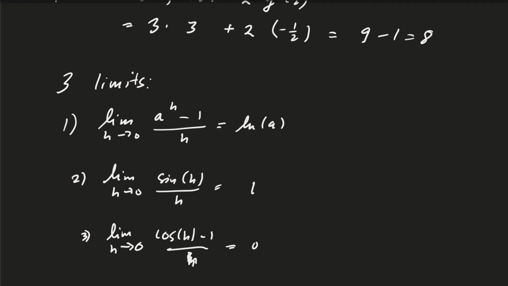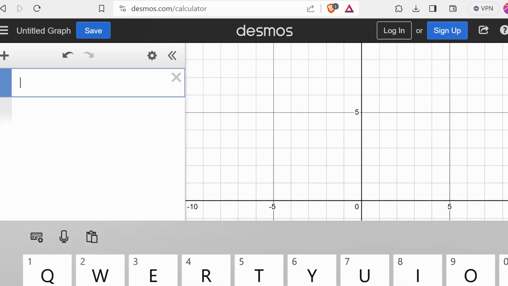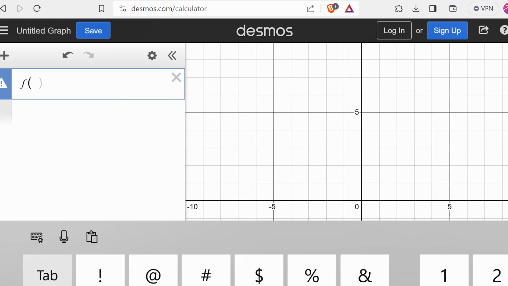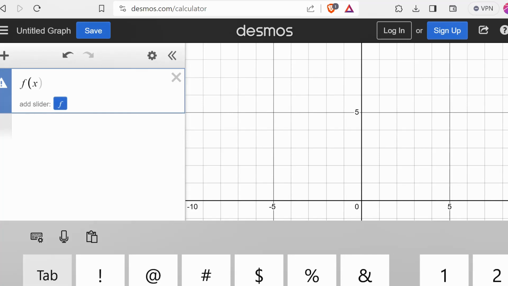So I'm going to take out these notes here. Let's see. So my first thing here that I'll type is my f of x. So of course Desmos wants it to be in terms of x. So hopefully that's not going to be confusing. F of x is equal to, let's do the sine function first.